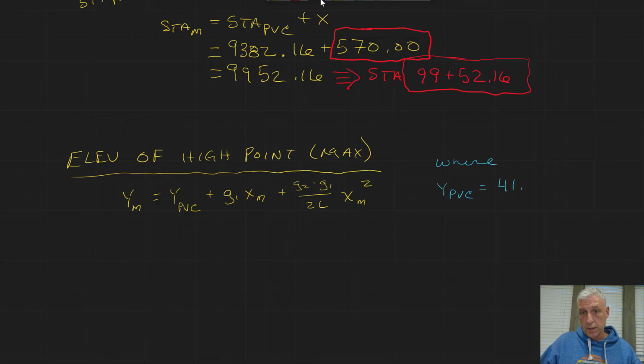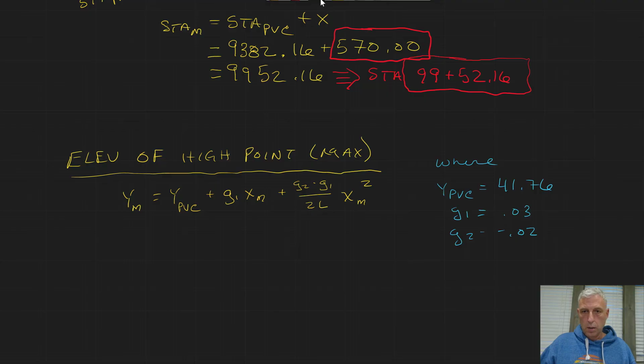These are just the givens in the beginning of the problem, okay? Y PVC equals 41.76. G1 equals 0.03, again represented as a decimal. G2 equals negative 0.02. And what else do we need?